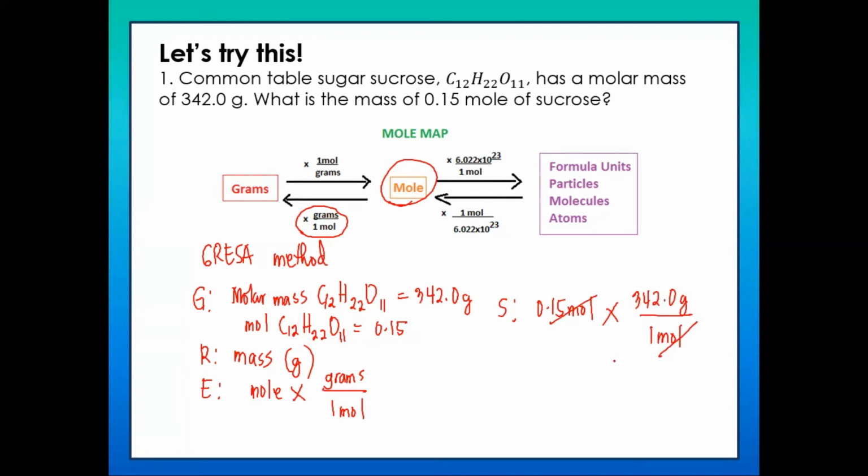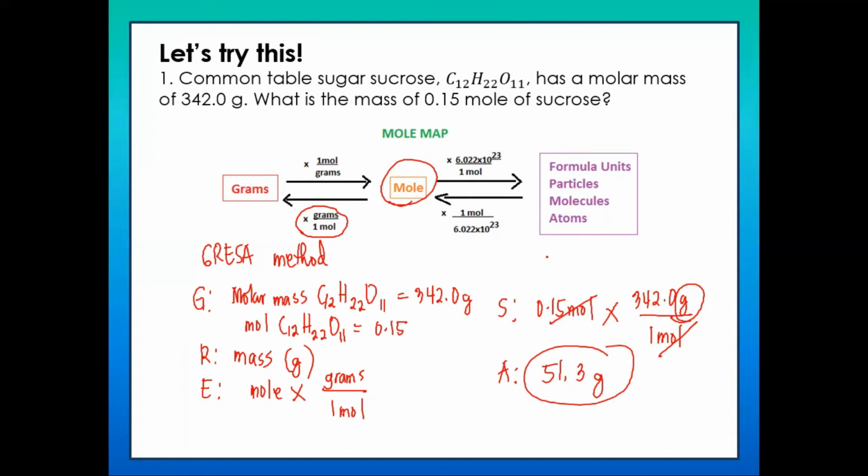So that's yung rule na tutunan natin in mathematics, so that your remaining unit is grams, and that refers to the mass, which is the unknown. Okay, so do the math here, use your 0.15 mole, multiply that to 342.0 grams over 1. The answer is 51.3 grams.